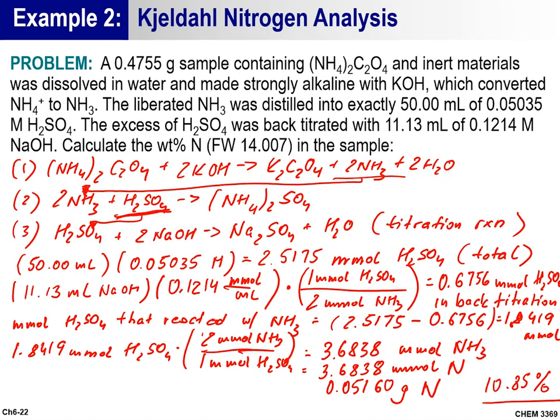So these calculations can be quite involved sometimes in the titrations, but if you keep track of the chemistry and units and all these conversions, that shouldn't be too difficult.